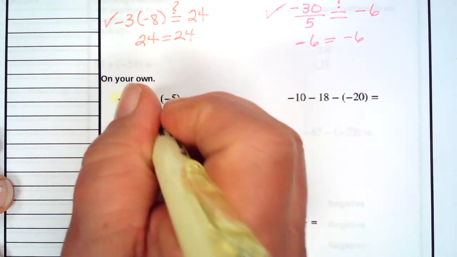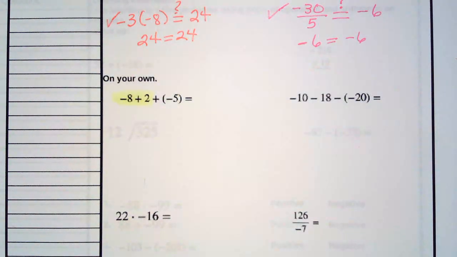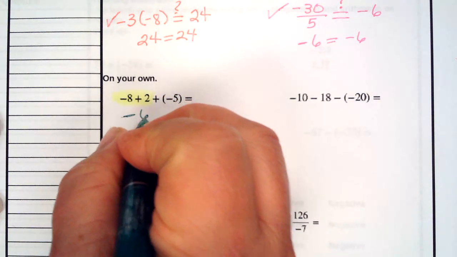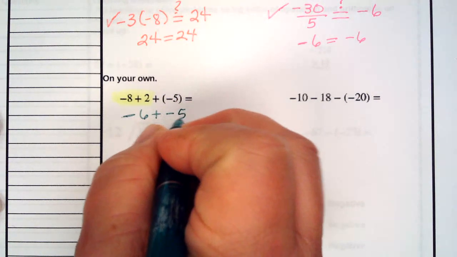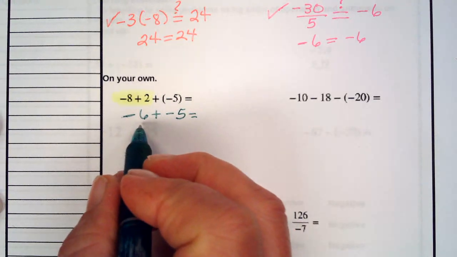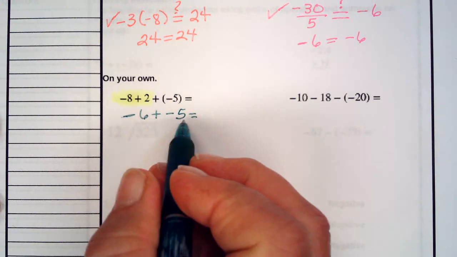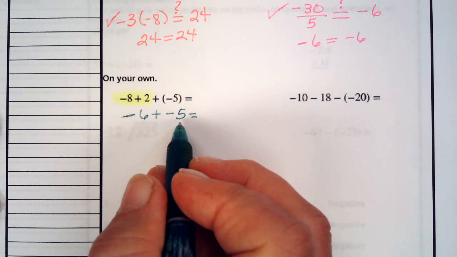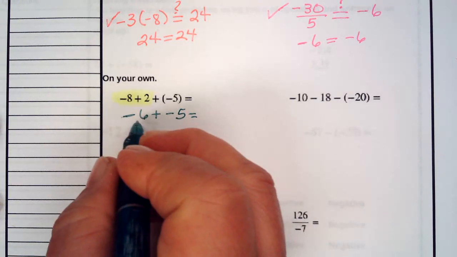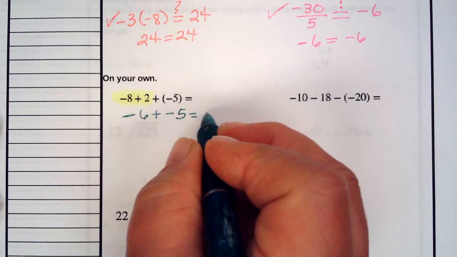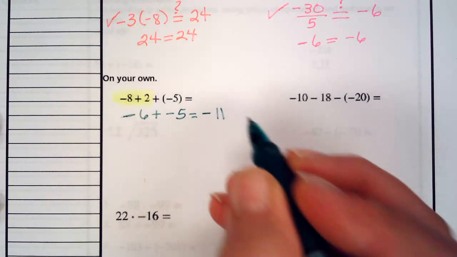I'm starting at negative 8. I go 2 units up the number line, and I stop at negative 6. Negative 6 plus negative 5. I'm going further down the number line. I combine them with addition. 6 plus 5 is 11, so this is negative 11.